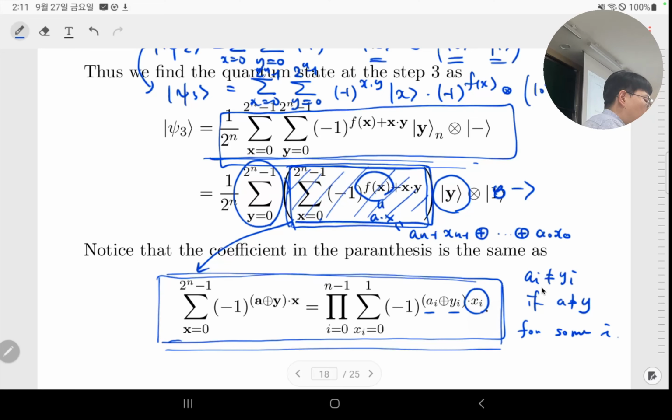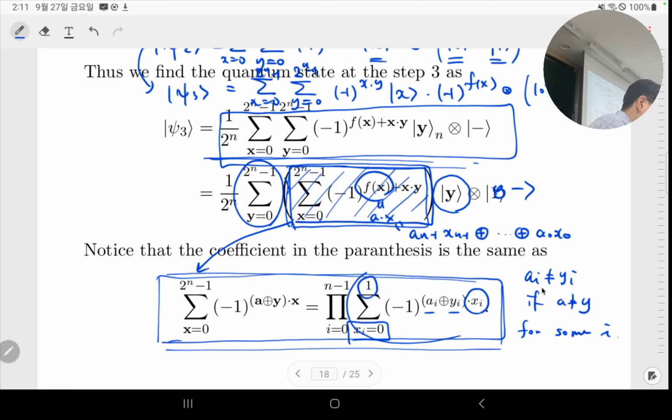So xi actually survives. So what happens when you have survival of xi? xi runs from 0 to 1, right? And it's an exponent of minus 1. So when xi is 0, it's plus 1, and when it's 1, it's minus 1. So plus 1 plus minus 1 becomes 0.